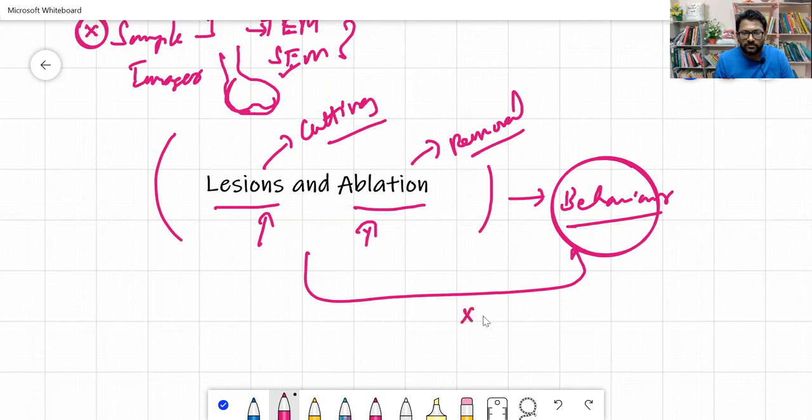If you see these lab animals, like mice, they were subjected to certain training and orientation, and then they will look into whether the same behavior is shown after lesion or ablation.